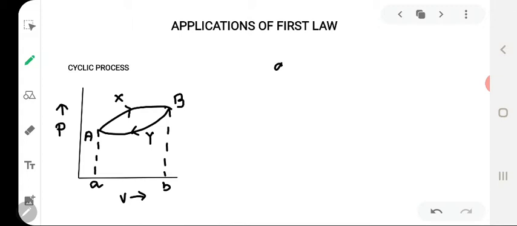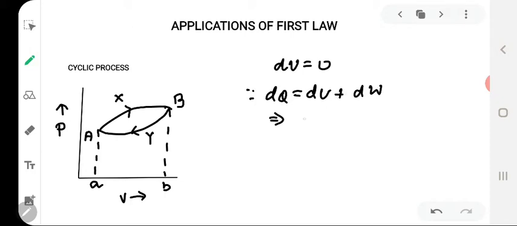So, in this case, dU is equal to 0. Therefore, for a cyclic process, the first law of thermodynamics, dQ equal to dU plus dW, becomes dQ equal to 0 plus P dV.